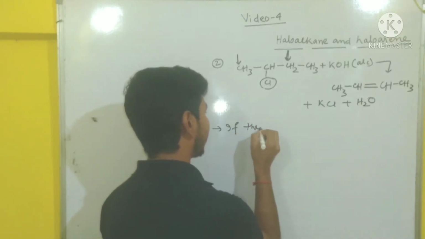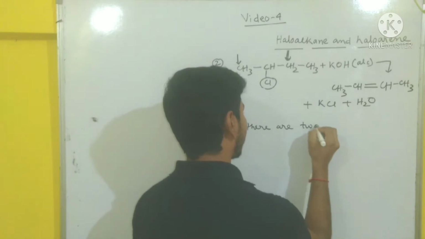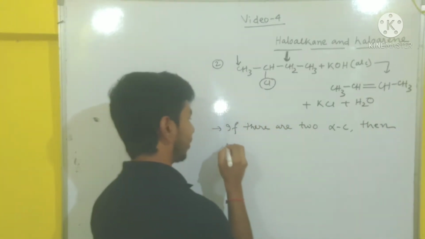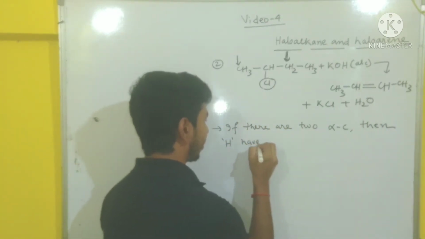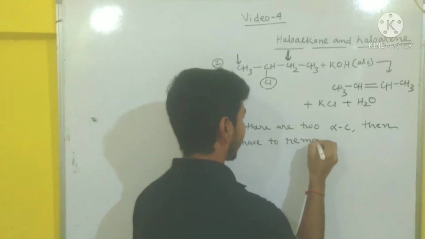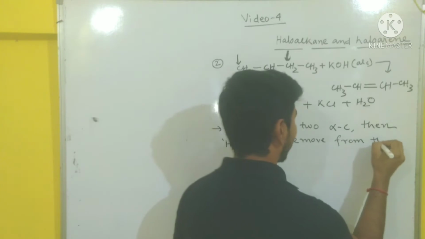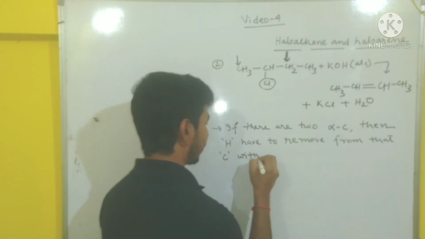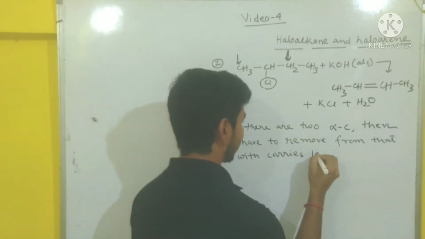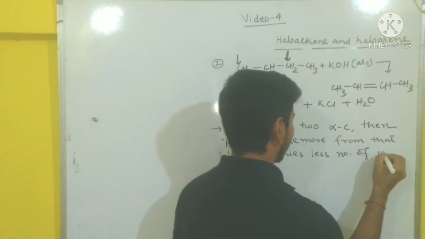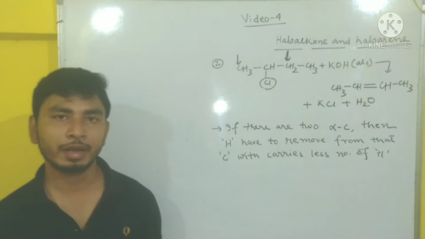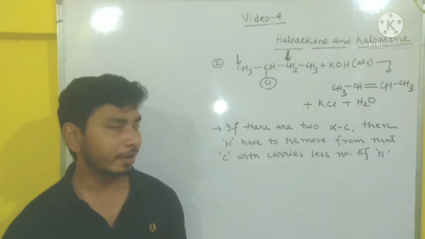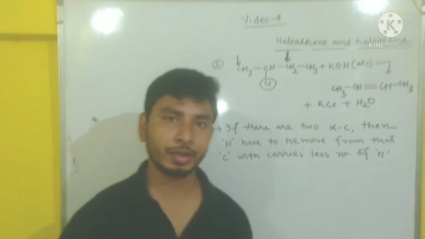If there are two alpha carbons, then the hydrogen has to be removed from that carbon which carries the lesser number of hydrogens. So this is about our elimination reactions.